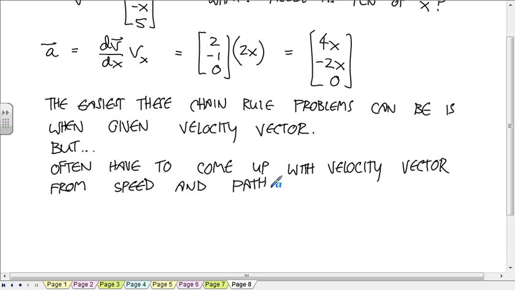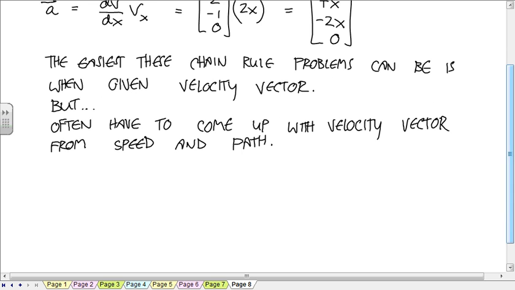To do that, just remember that the velocity vector is equal to the speed in the direction tangent to the path.